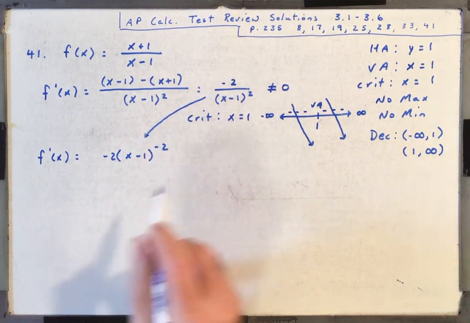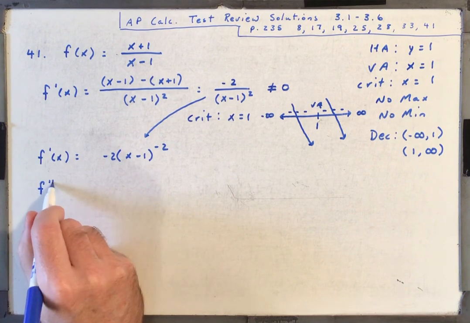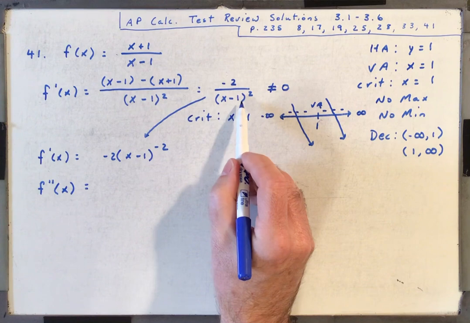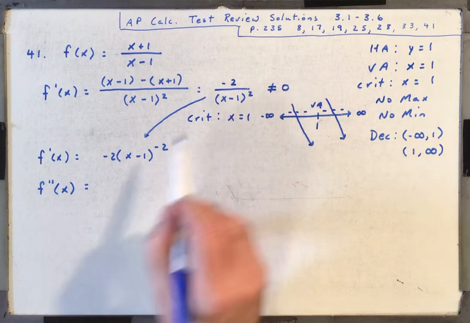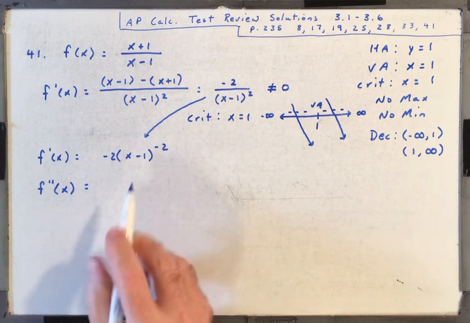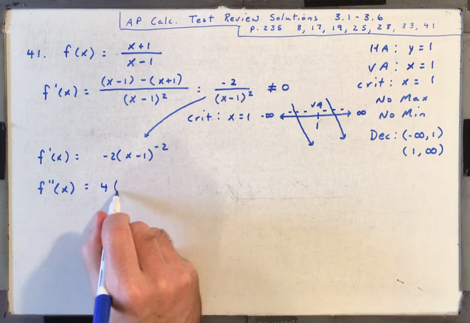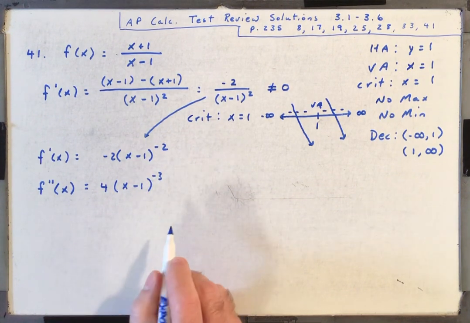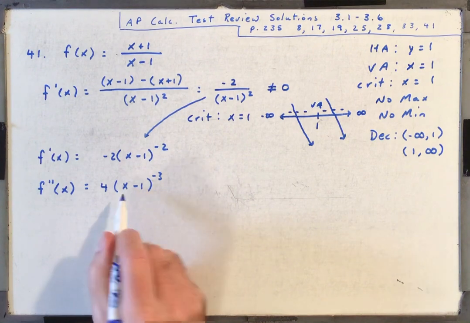So I rewrote it just so I could take the second derivative a little easier. If you wanted to do the quotient rule on that, you could, but it would be a little nastier than this. So negative 2 times negative 2 is 4 times x minus 1 to the minus 3 times the derivative of the block, which is 1.